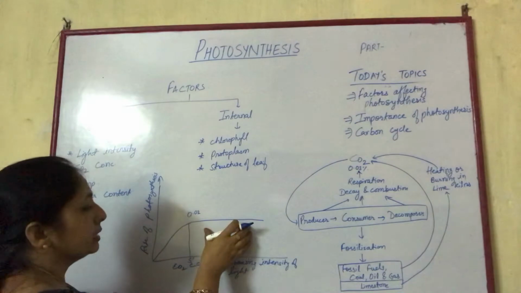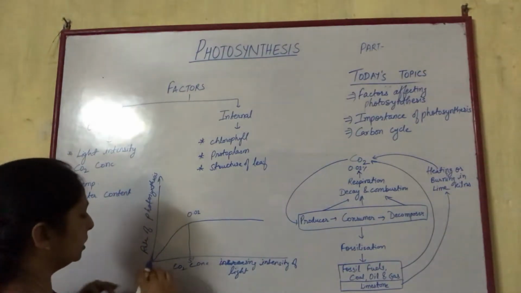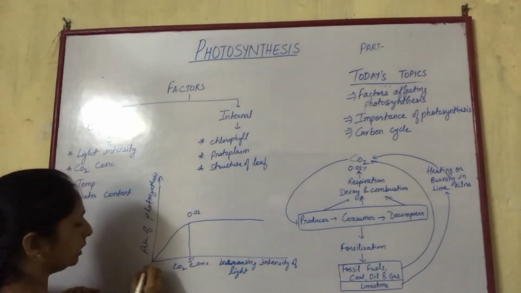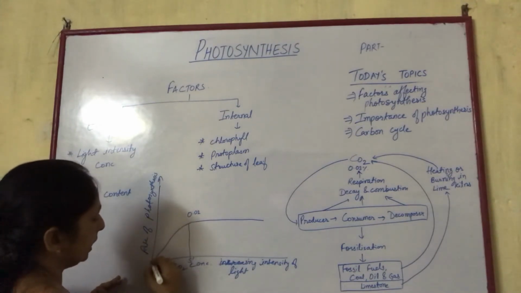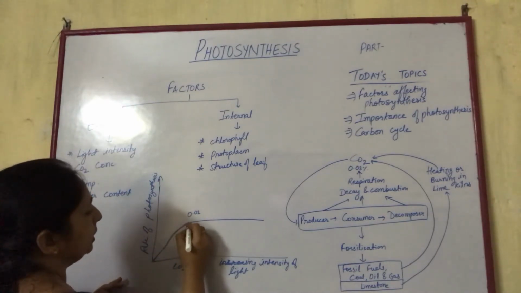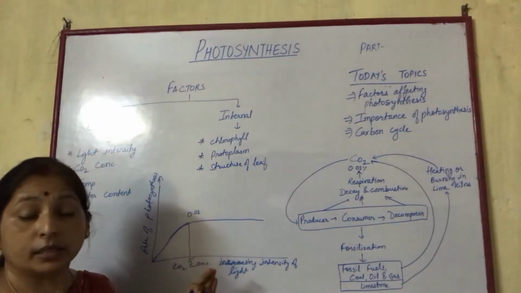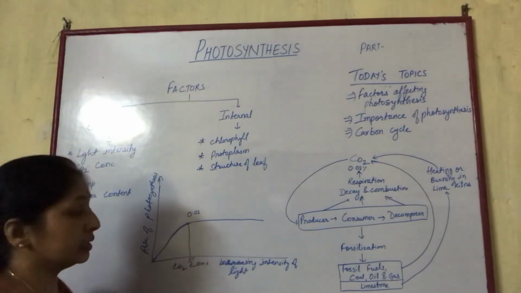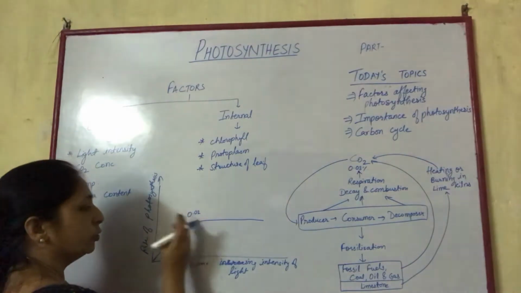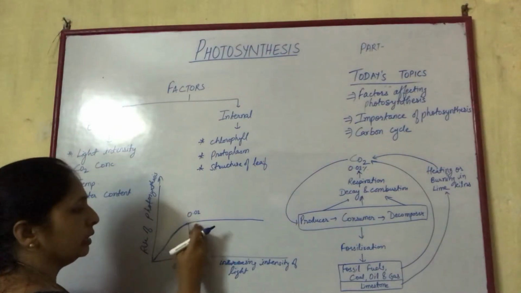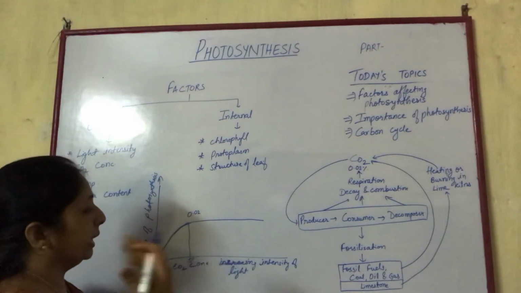As you can see at the start of the graph, a line shows a linear change: with increased intensity, the rate of photosynthesis also increases. After reaching the saturation or optimum intensity, with CO2 concentration at 0.02%, it stabilizes.